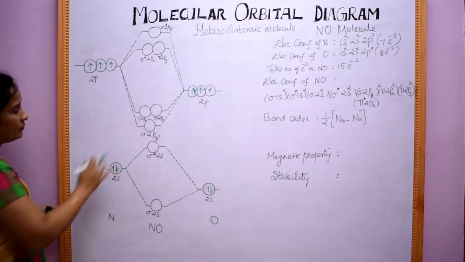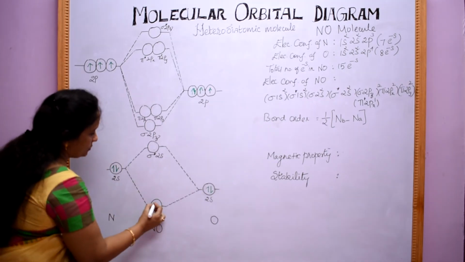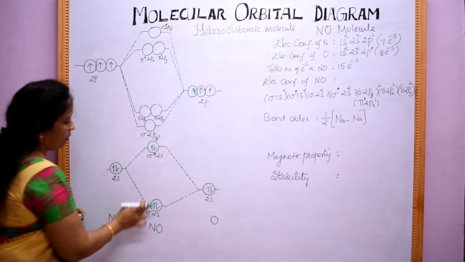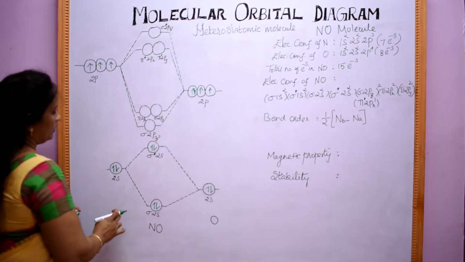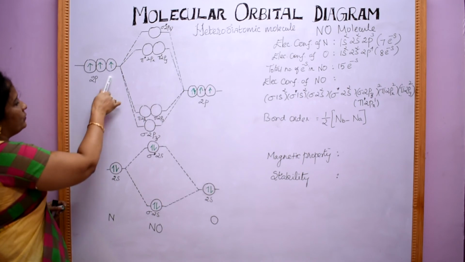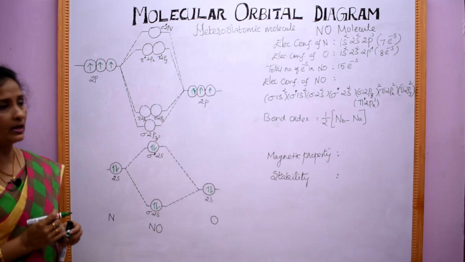Now let us fill the molecular orbitals. Here we have 4 electrons, so we will quickly fill the bonding and anti-bonding molecular orbitals of sigma 2s and sigma star 2s. Coming to the 2p orbitals, we have 3 plus 4, 7 electrons, so we have to fill up these 7 electrons.